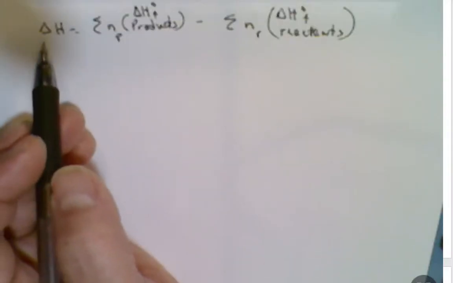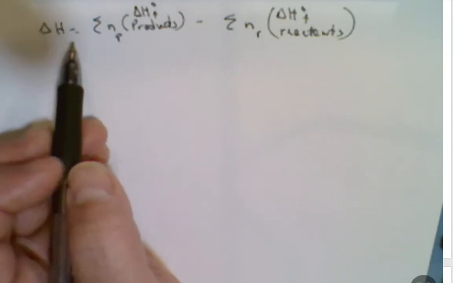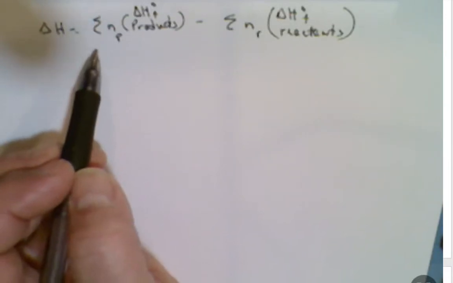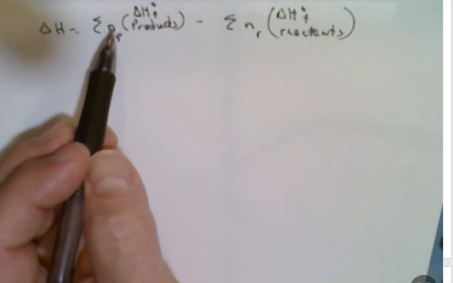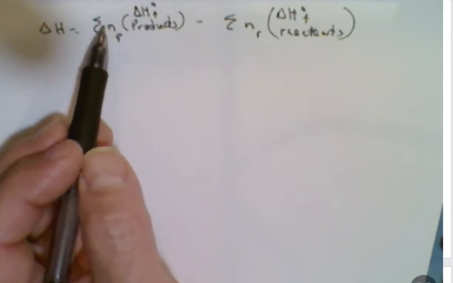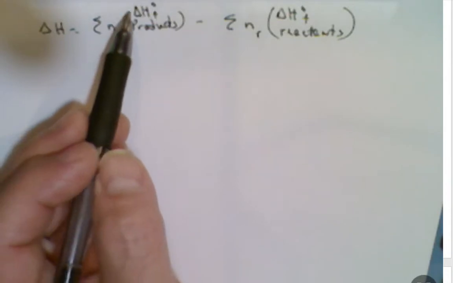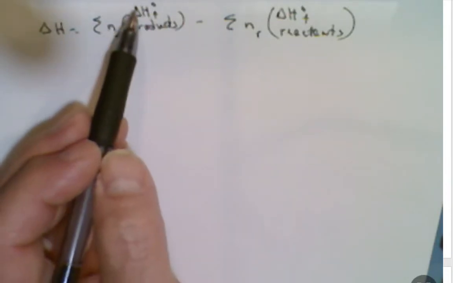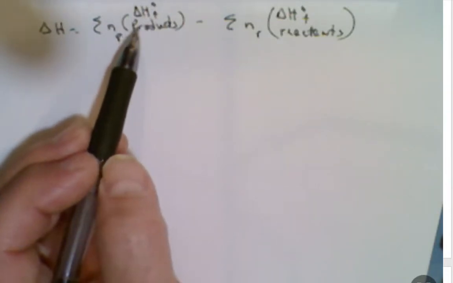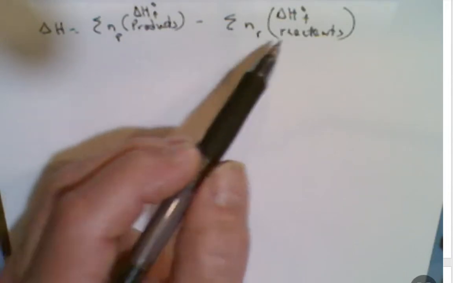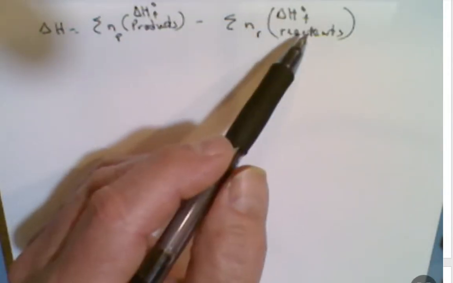So here is our equation. Change in enthalpy is going to be equal to the sum, that's that capital Greek letter sigma, and the lowercase n means the number of moles of the products, and we're going to sum up the delta H's of formation of all the products and subtract from them the delta H's of formation of all the reactants.